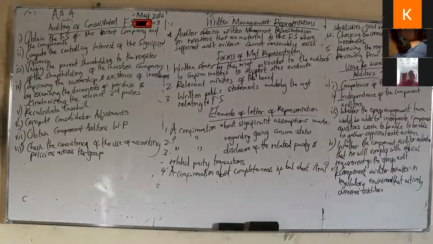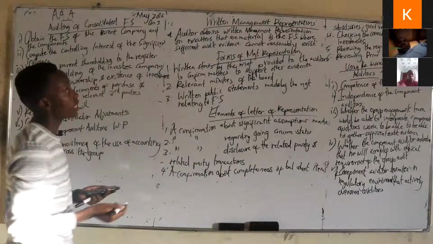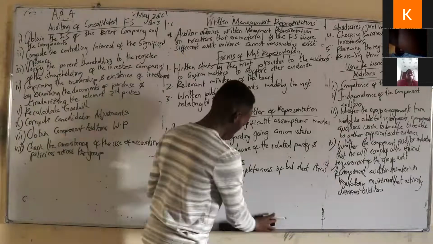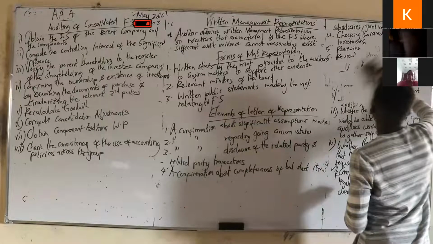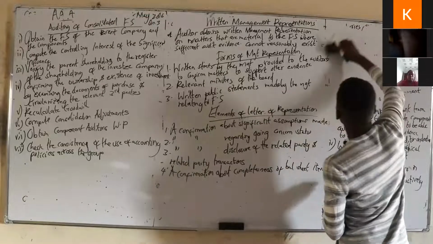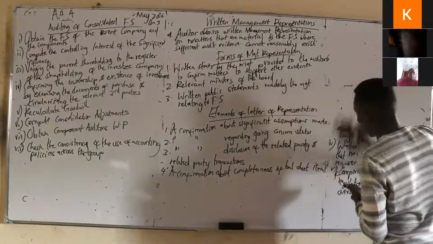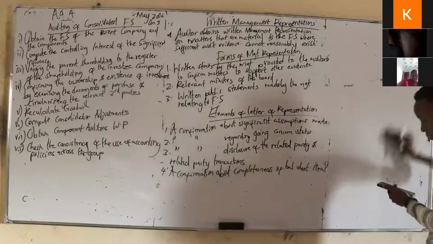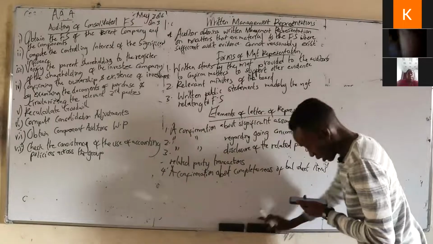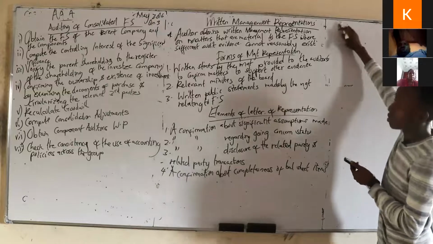Once the management has refused to provide this written representation, he would establish the reasons for the refusal, and discuss with the management, or try to influence them positively on the importance of the representations made, and also reevaluate the integrity of the management.